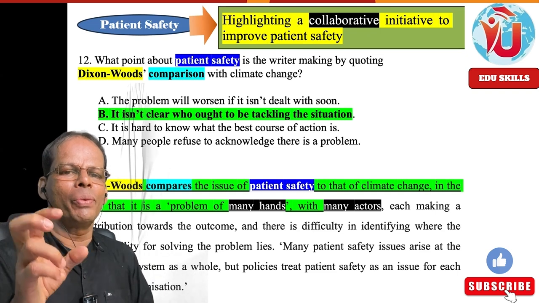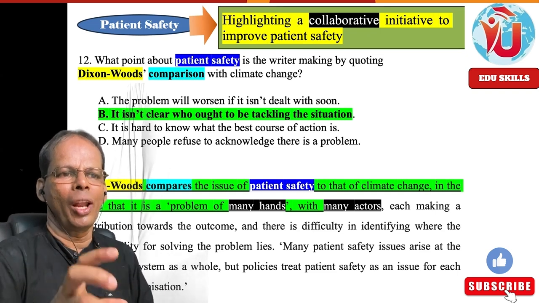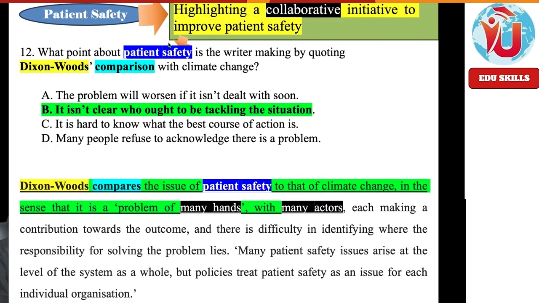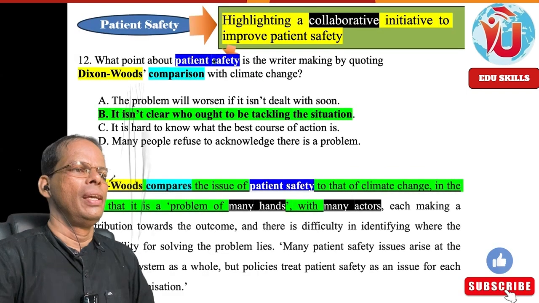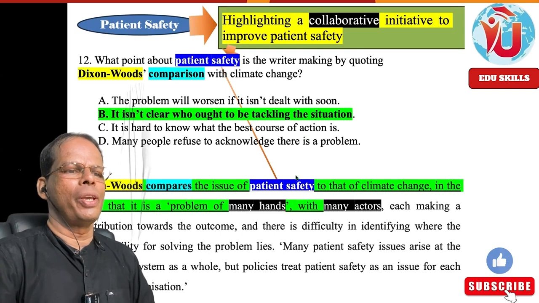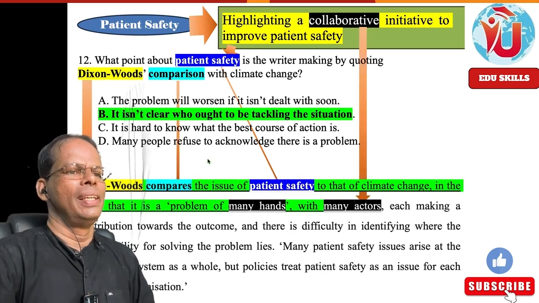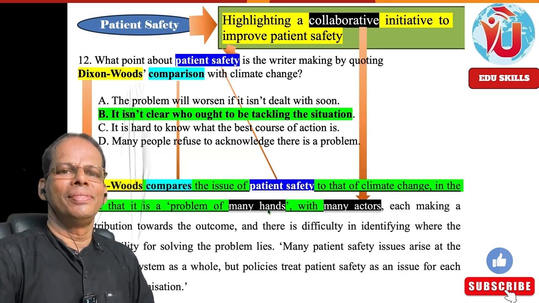And you can get the clues from heading and subheading. Now, collaborative means many hands, many actors. Heading says patient safety, subheading says patient safety, the question sentence says patient safety. And again, the topic sentence speaks of patient safety, and begins with the name Dixon Woods. And comparison, compares. And here, collaborative, many actors, many hands.